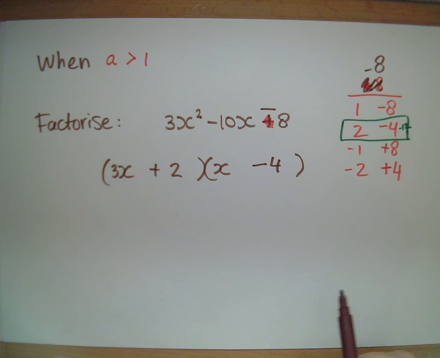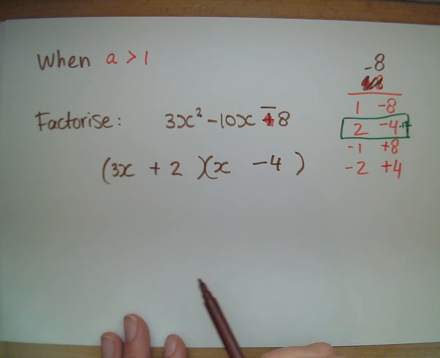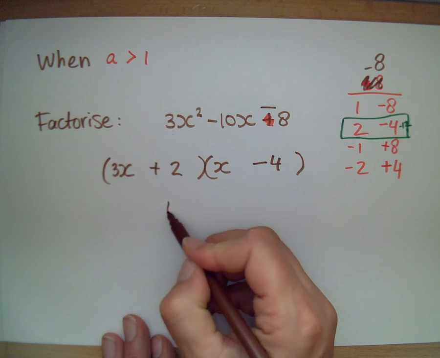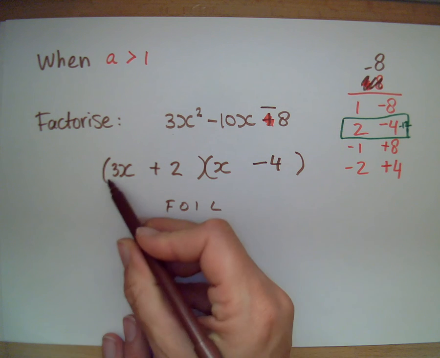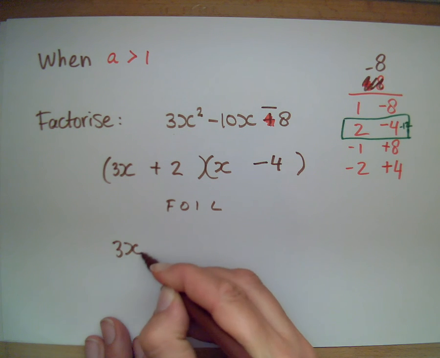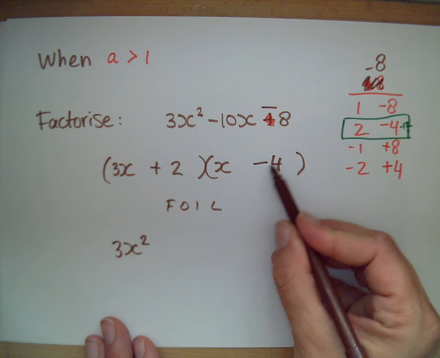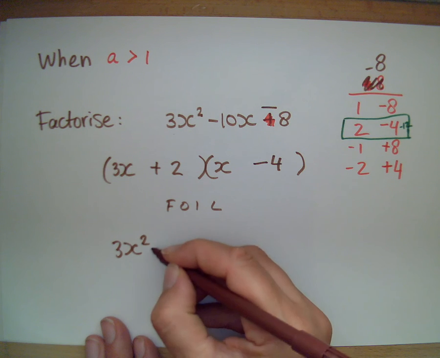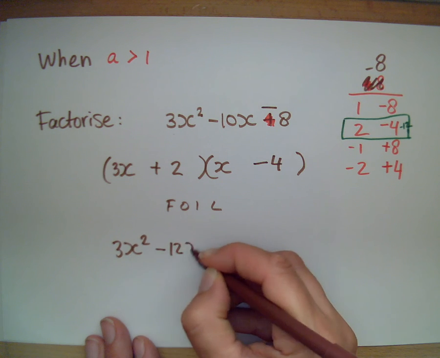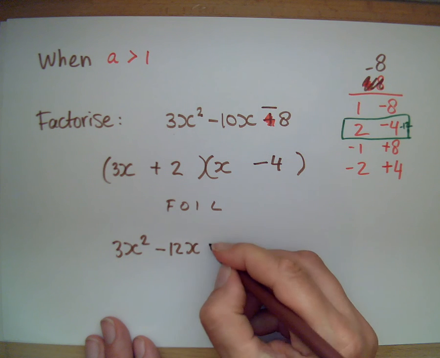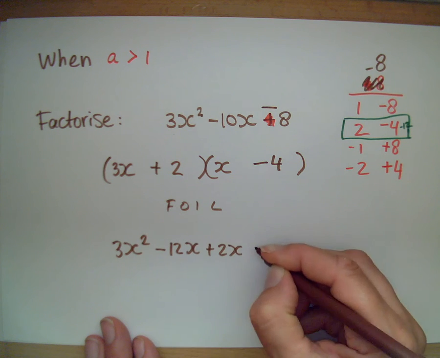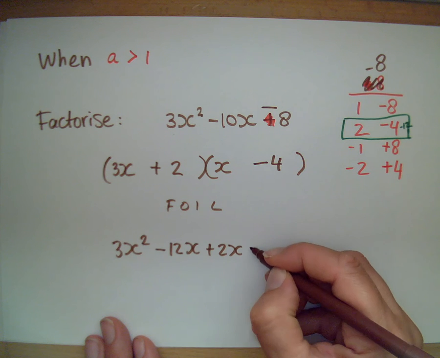Now, because this one is a little trickier, I'm definitely going to check my answer by expanding, right? Expanding. First, 3x squared. Outer, minus 4 times 3x, that's going to be negative 12x. Inner, plus 2x. Last, negative 8.